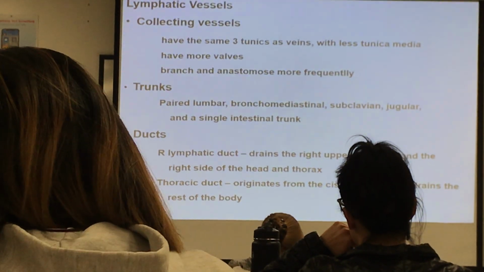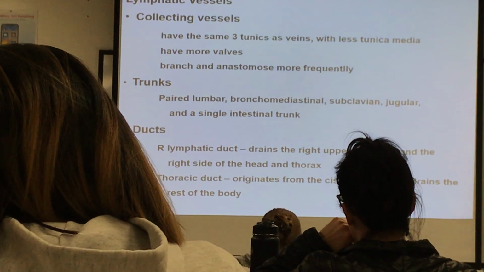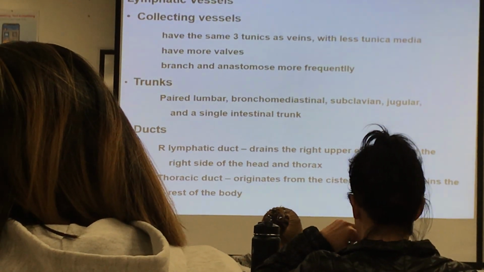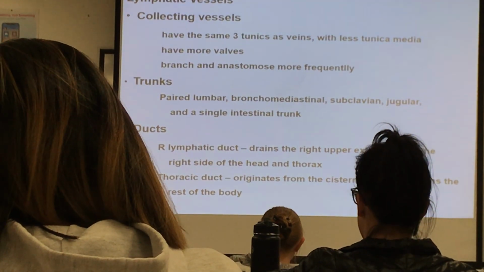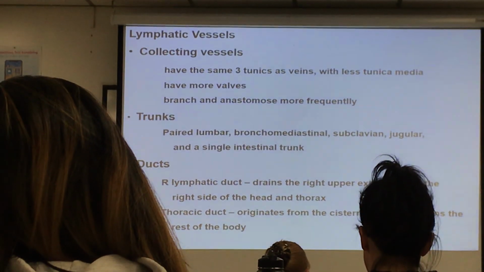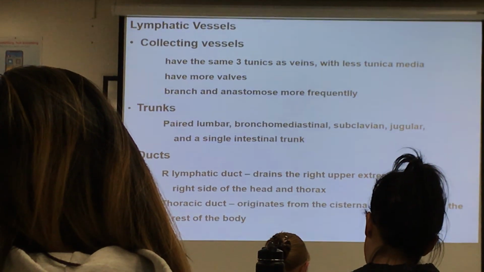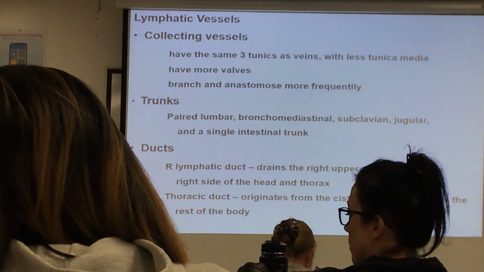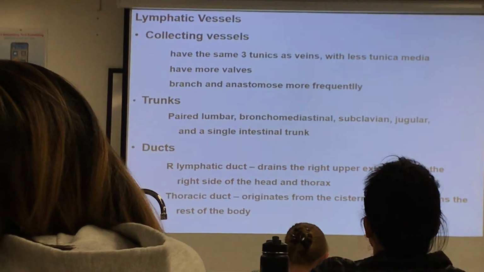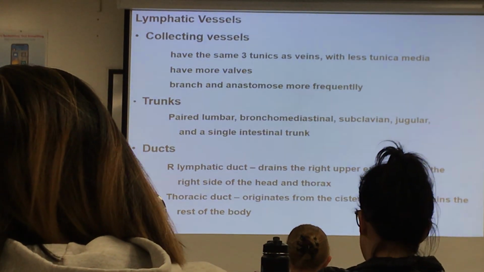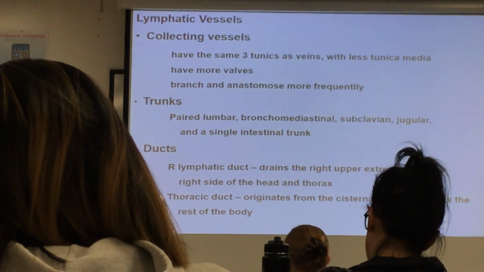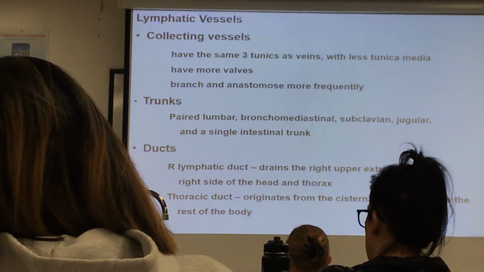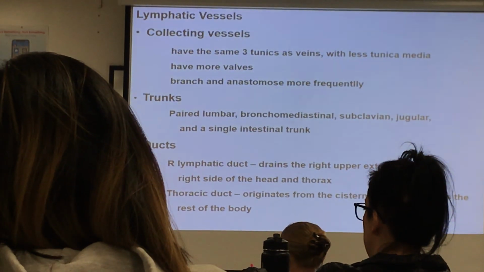All right, so we're going to talk about the ducts. We have 2 sets of ducts that actually transport the fluid directly into the lymphatic system. So we've been going from the lymphatic capillaries, the lymphatics, to the trunks, periodically passing through lymph nodes. And now the lymphatic fluid is as filtered as it's going to get.